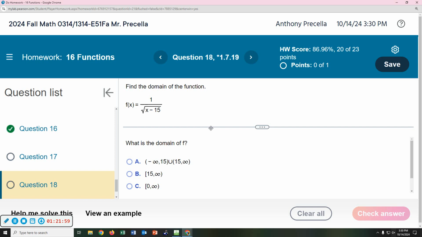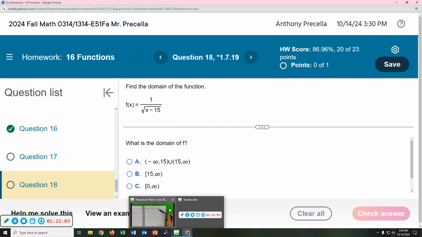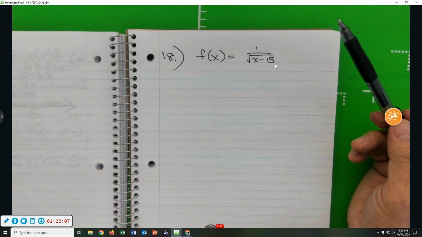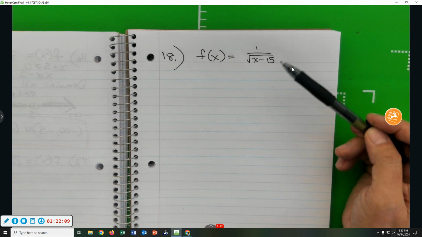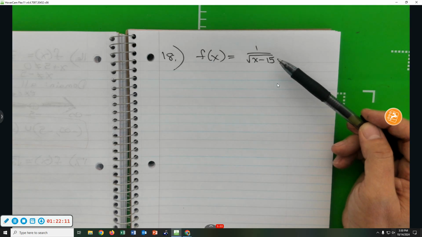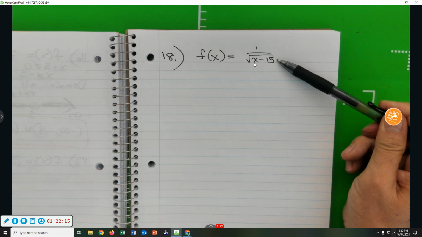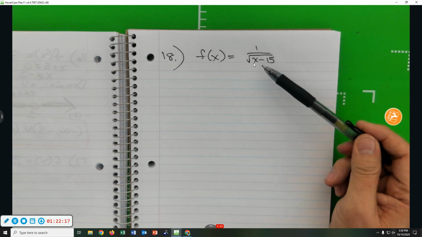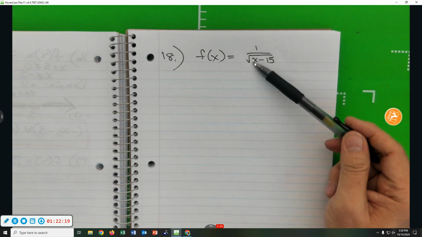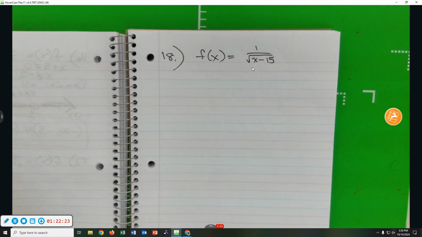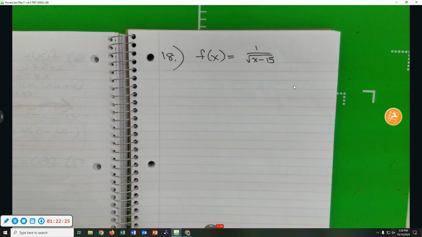When I look here, I see the square root. I just want to have something to point at so I can make a little guideline for us, a little recipe, if you will. I know I can't plug in something like a 1 or 0. If I plugged in 0 for x, 0 minus 15, I'd have the square root of what?